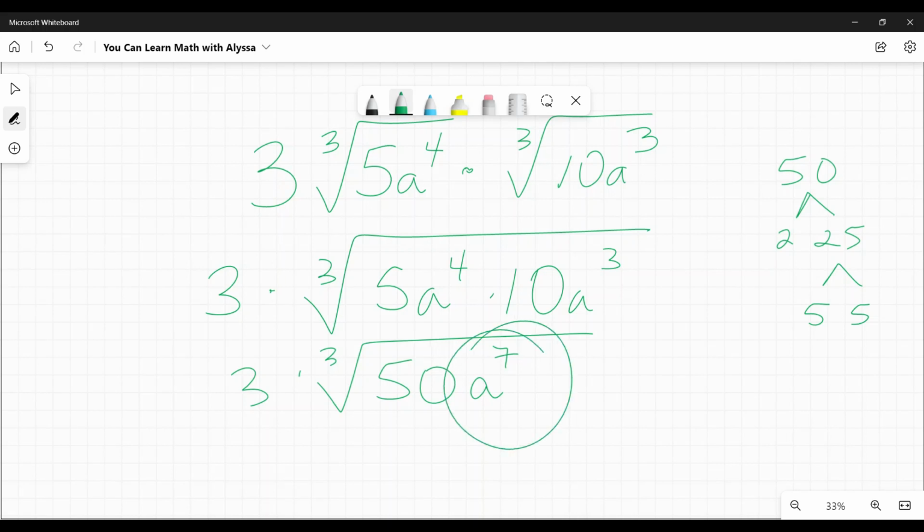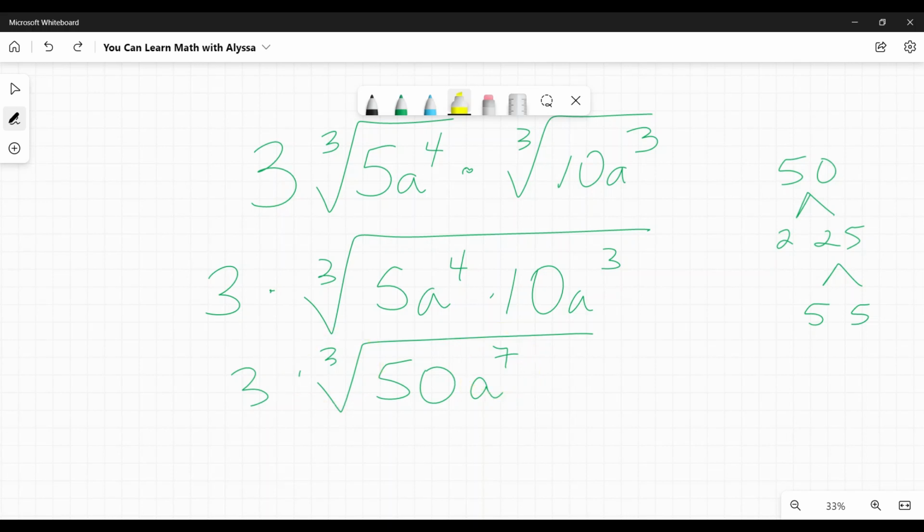A to the 7th, though. When we're taking roots of variables with exponents, quick reminder, we divide by the root, and what we get as the quotient, the answer, is going to come out and the remainder stays in. So what that means here is a to the 7th, is 7 divisible by 3?